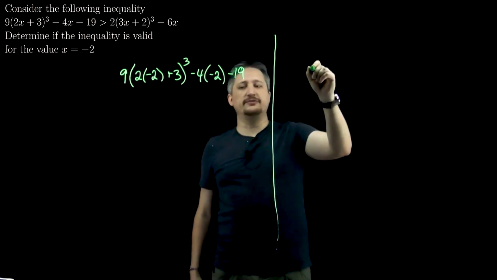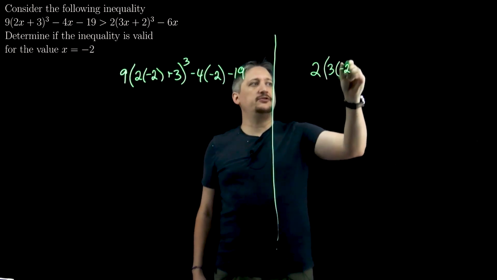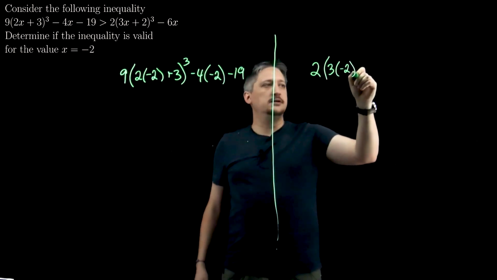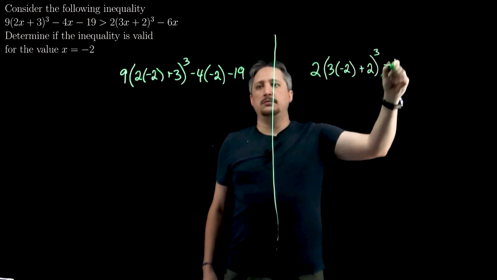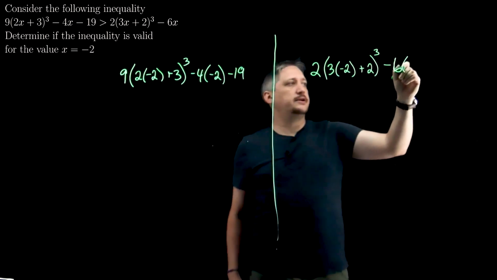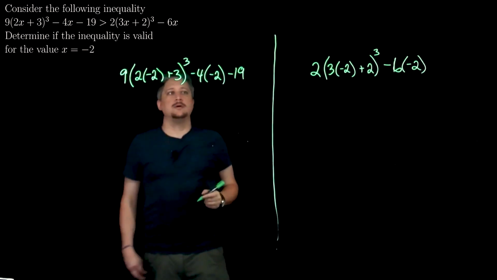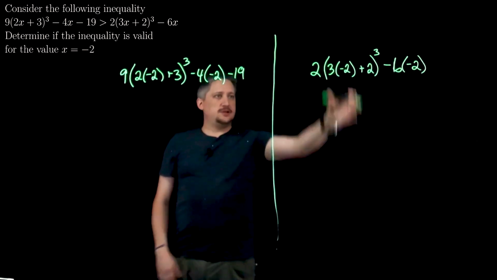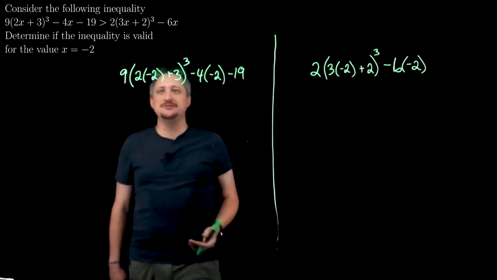So I'm going to do the 2 different ones method. This is 2 times (3 times -2 plus 2) all cubed minus 6 times -2. Okay. So calculate all the way down, check which one's bigger. It really is that simple.